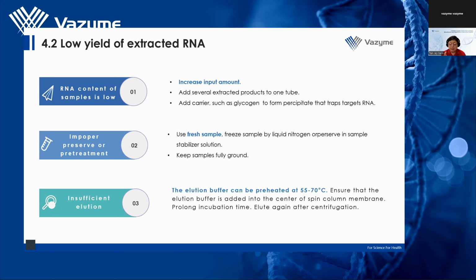Lastly, insufficient elution of RNA during column-based extraction could occur. If that happens, preheat the elution buffer to 55 to 70 degrees and ensure it is dispensed directly into the center of the column membrane. Also extend the room temperature incubation time and perform a second elution after centrifugation if required.